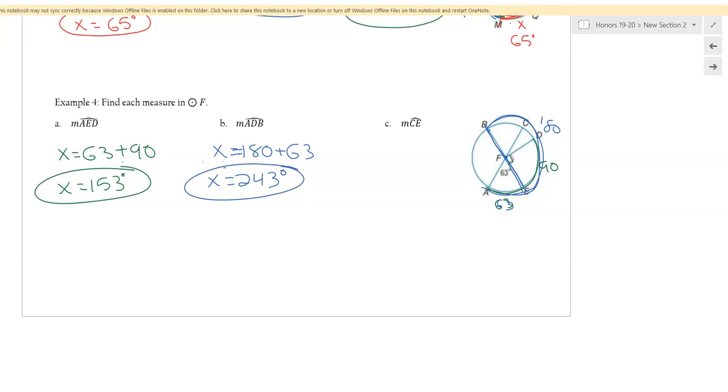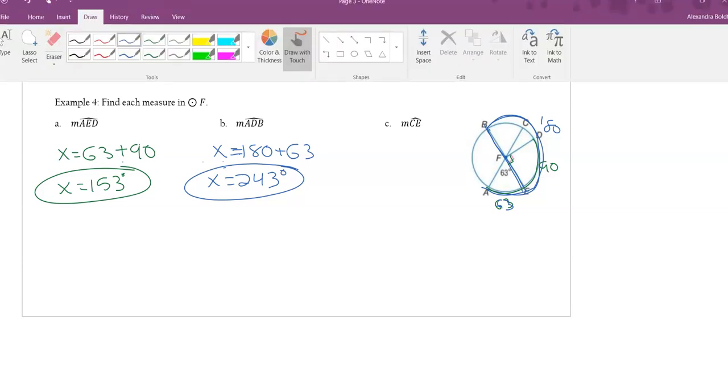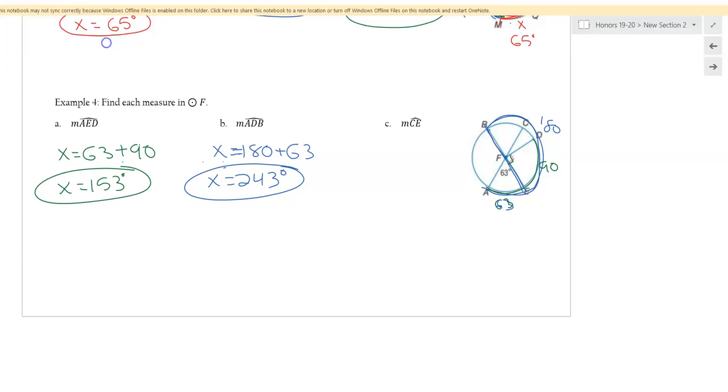And then C to E. Well, again, this whole half is 180.